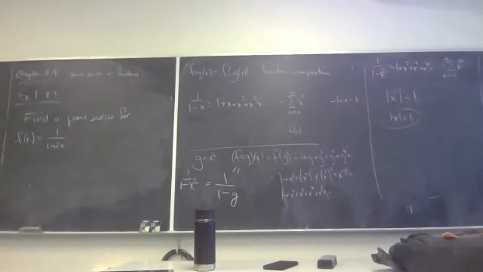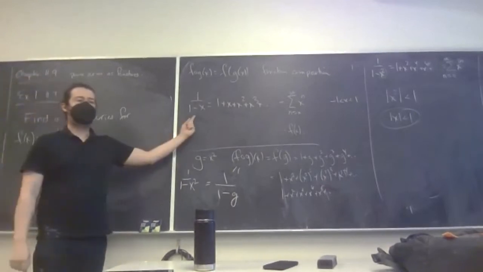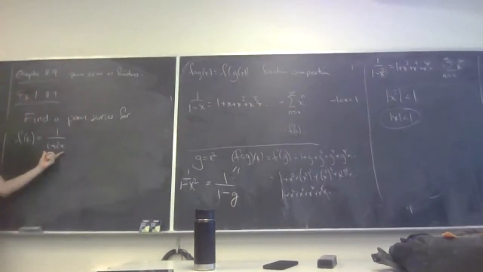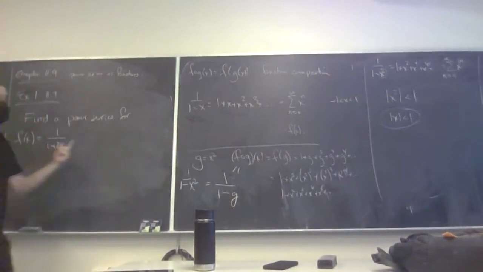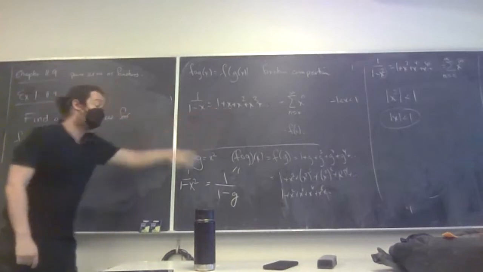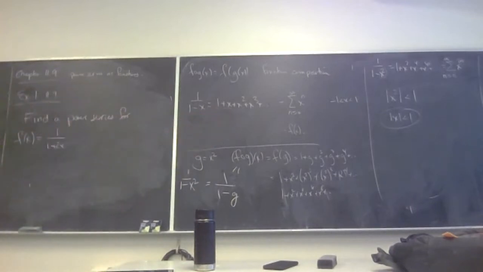So what I'm going to try to do is yank that apart into a composition. And the only thing that I know the power series of right now is this. This is our base tool, right? So if I could write this as a composition of two functions where one of the functions was that, I could use this series representation to come up with a series for this guy. So I need to make it look like 1 over 1 minus something.